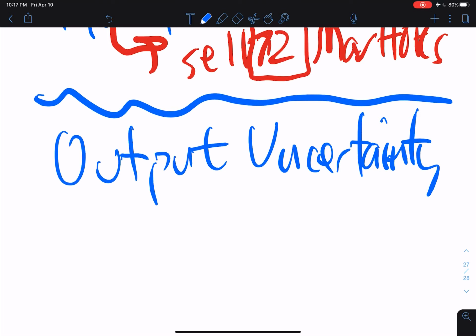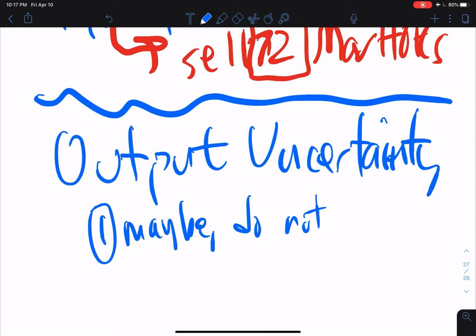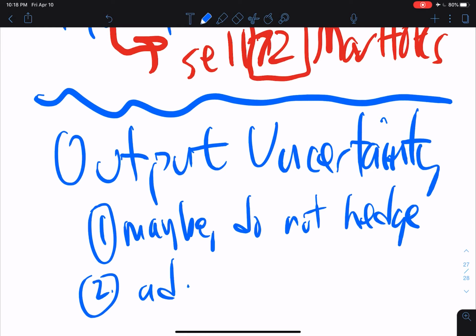And the way farmers deal with output uncertainty is to consider, well, maybe don't hedge. So, one possibility is maybe do not hedge. Just don't do it. Okay? Because you could end up with a speculative futures position, as we talked about earlier. A second possibility is to adjust the hedge ratios.